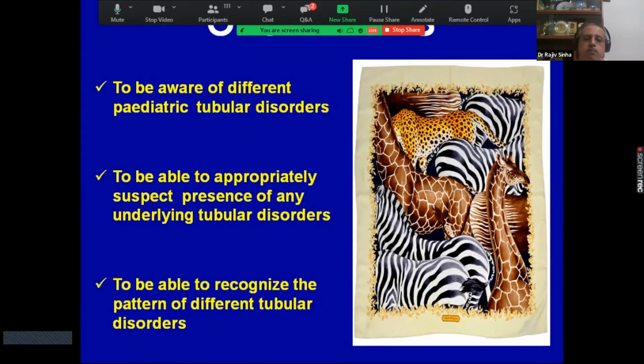The objective will be primarily to identify the pattern, because what is important in tubulopathy or tubular disorder is for us to be able to distinguish between the zebras, the giraffe, the cheetahs, the lion. So we have to be able to identify the pattern.